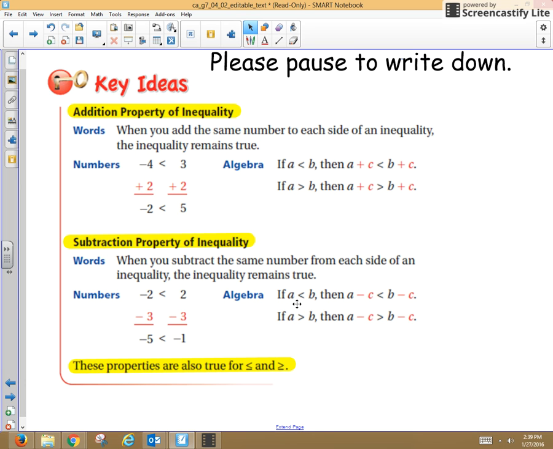So in terms of algebra, if a is less than b, then a minus c is still less than b minus c. Or if a is greater than b, a minus c is still greater than b minus c. And these properties are also true for less than or equal to and greater than or equal to symbols. So make sure you copy this down and show it in your notes for class tomorrow.